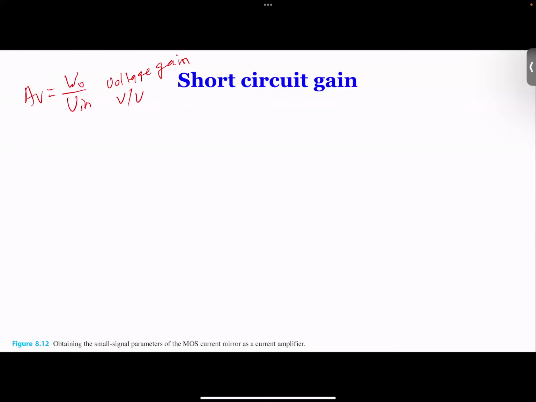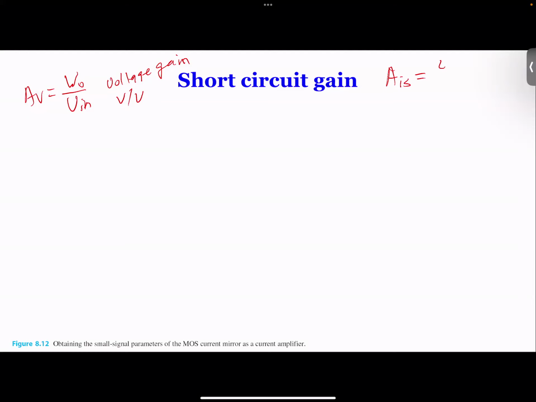Now, current gain refers to a short circuit current. When you have an open circuit, you can have voltage. But when you have a short circuit output, you don't have voltage, but there could be a current. So what we're looking at is a short circuit gain, which we call AIS instead of AV.